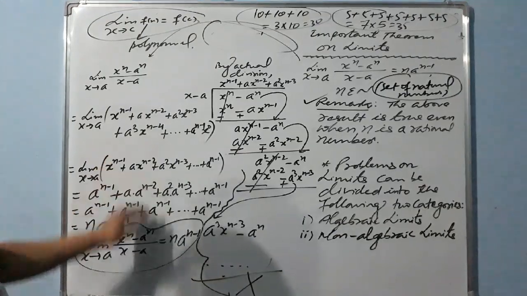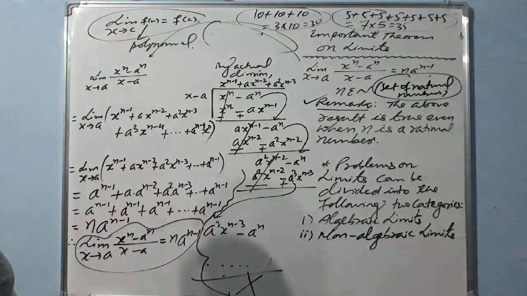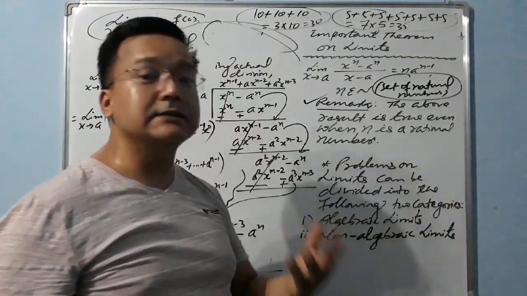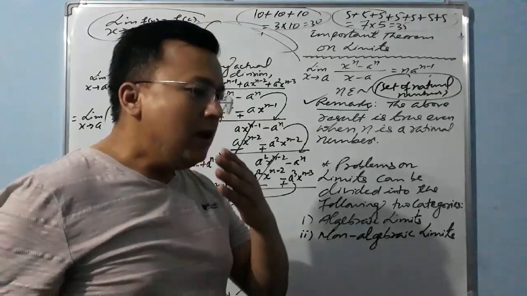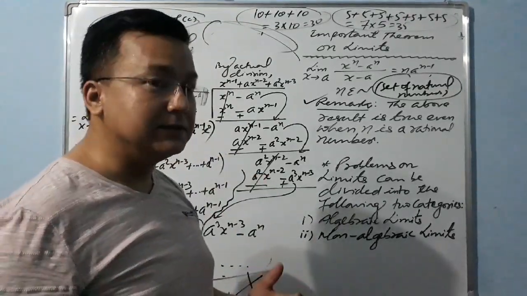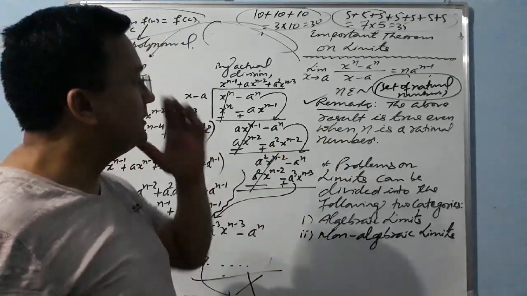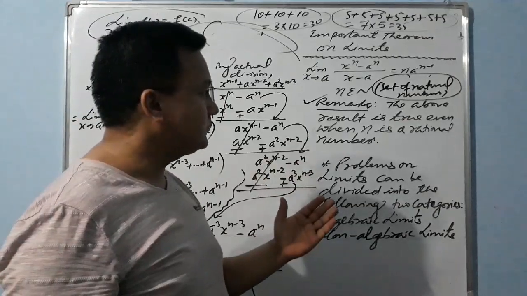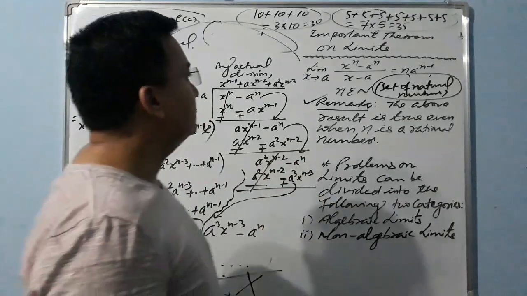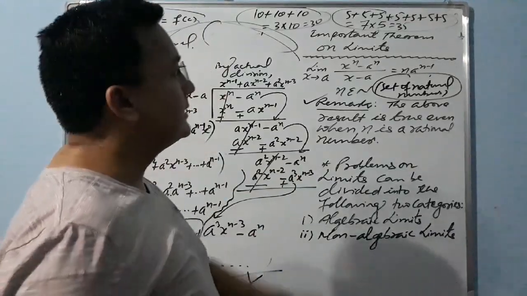Here I have proved it by using n as a natural number. If n is a negative integer, zero, or a rational number, does it work? Yes, it works. I have not shown it here, as it is a lengthy process.